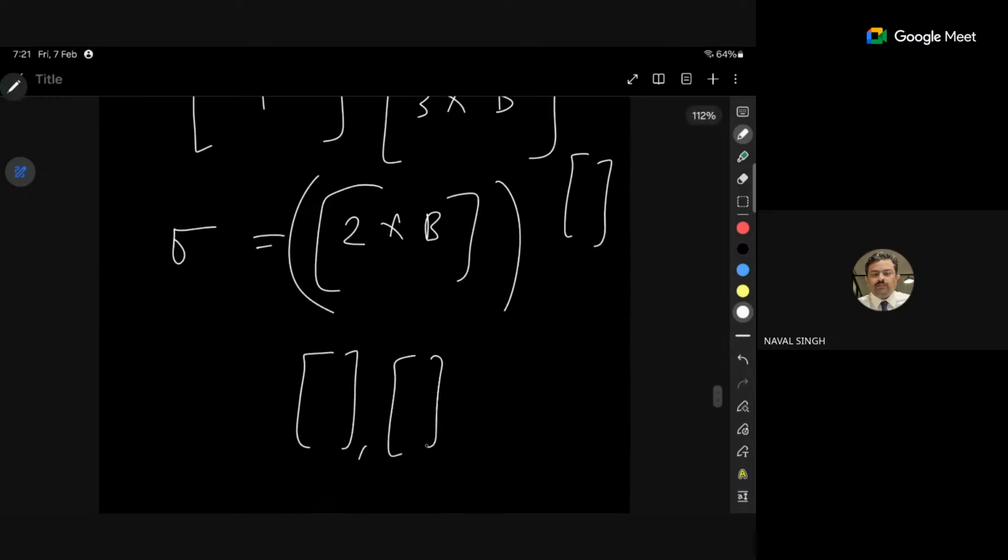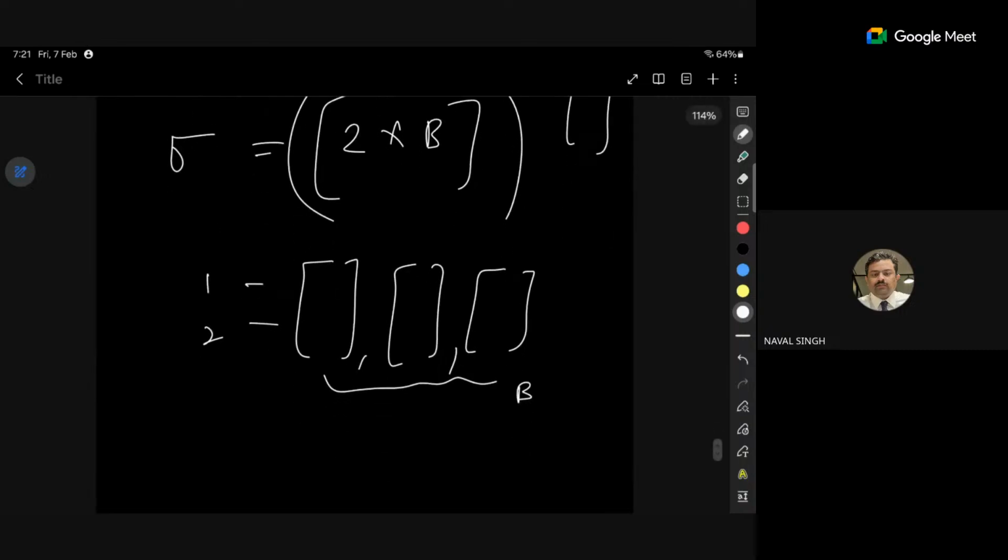This is for the second point, this is for the third point, and so on. Finally you have b such columns, so 2 cross b, and each has 2 values. You have to think in that way and then do the multiplication, so there will be no issues with the dimensions.